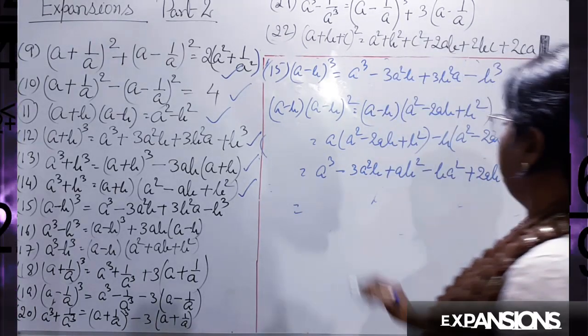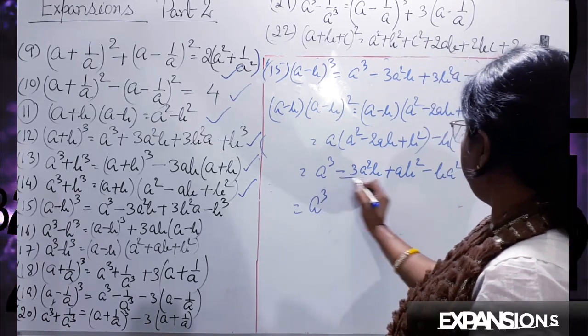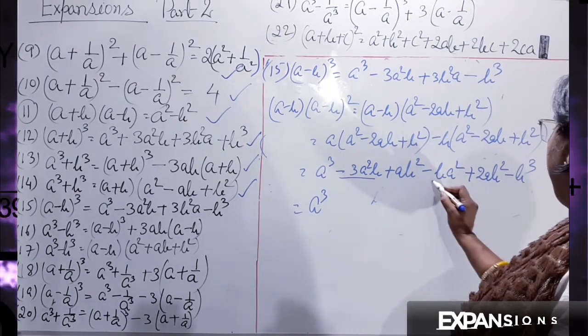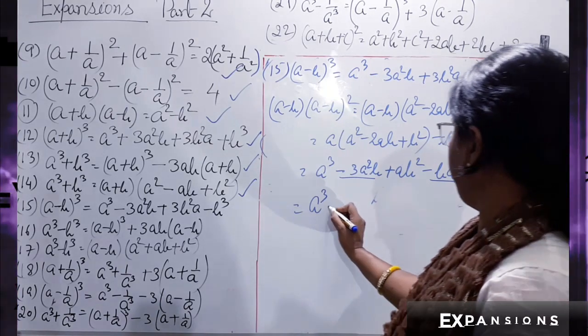Now add a cube minus 3a square b and minus b square ba square.